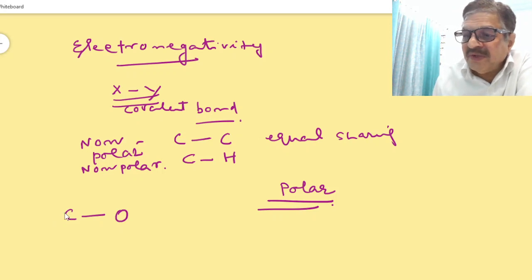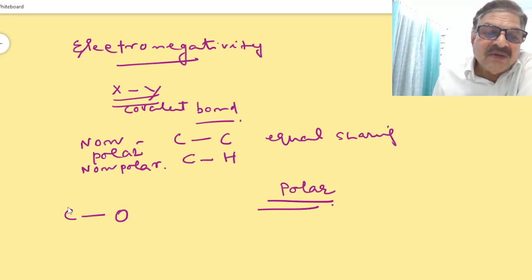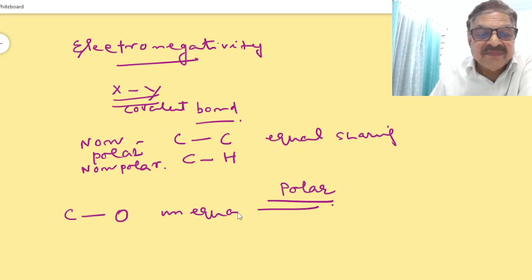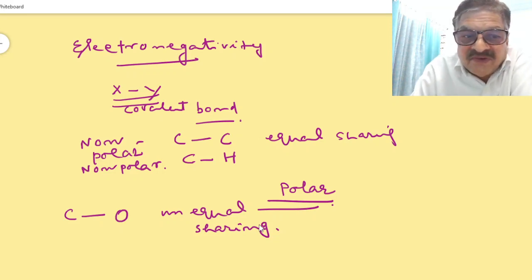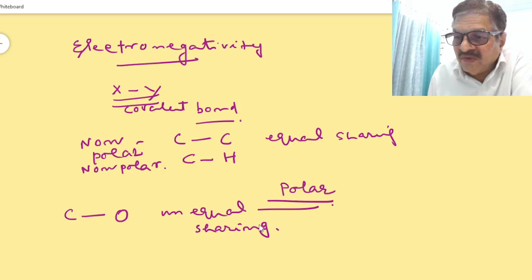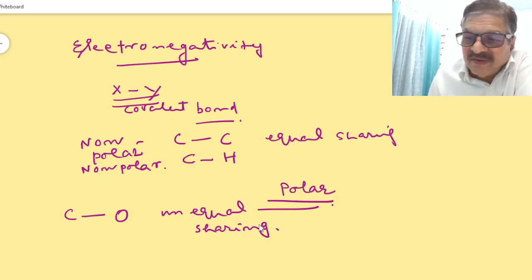So bonding between two atoms of different electronegativity will result in unequal sharing. That was equal sharing; this is unequal sharing of the electron density in the bond. Therefore, the C-O bond is a polar bond, or we can say it is polar covalent.